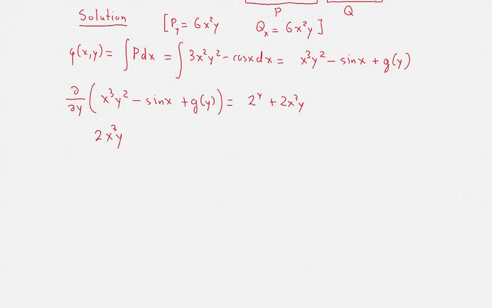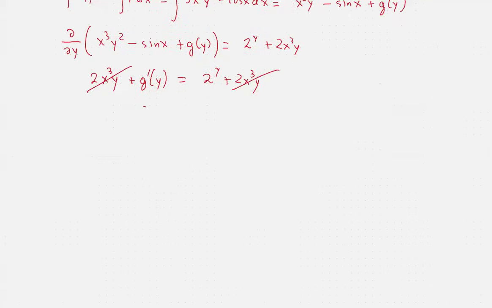The derivative of negative sine x is, of course, 0, and then the derivative of g of y will be simply g prime of y. That should be equal to 2 to the y plus 2x cubed y. And of course, the magic here is that this cancels with that, which leaves us g prime of y being an expression of merely 2 to the y.